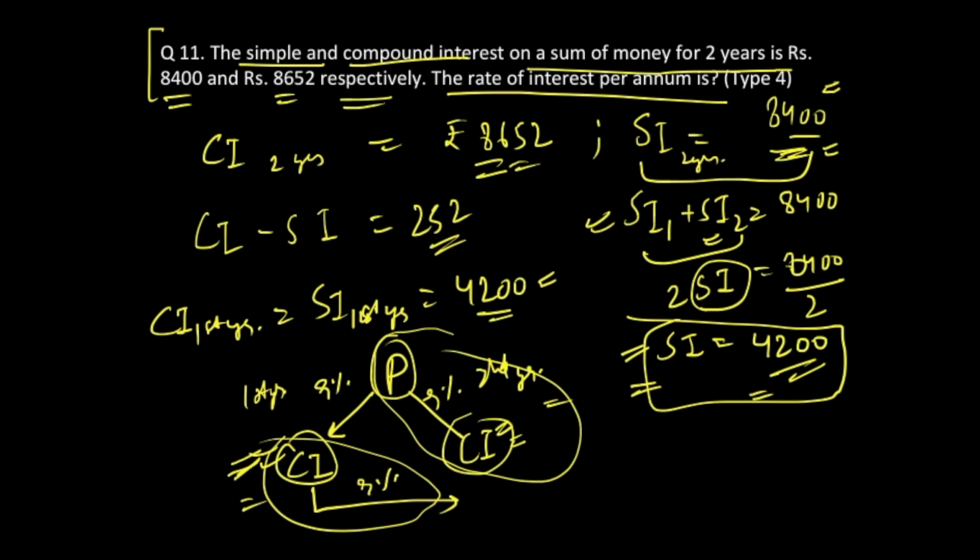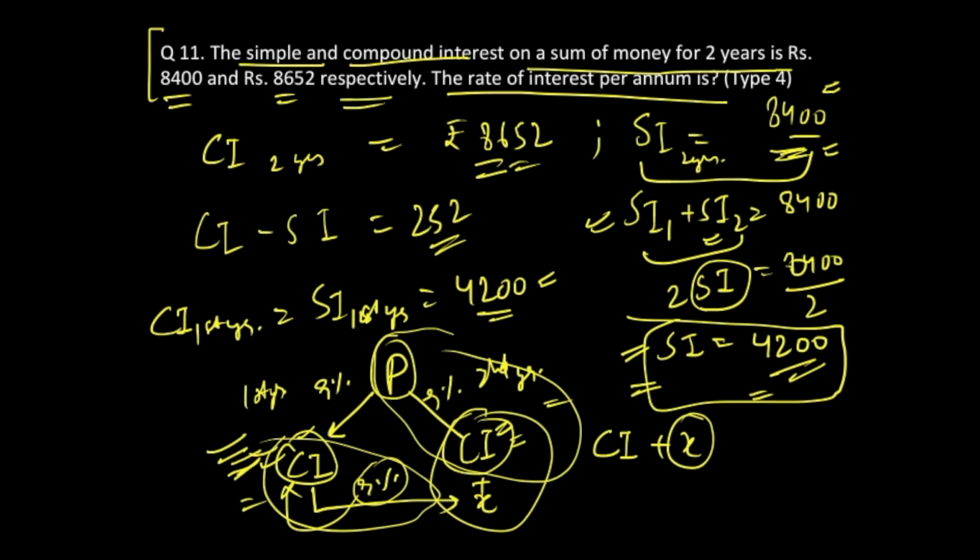So if that happens over here, this R% is taking place on this CI as well, and this gives you a certain X, right? So for the second year's compound interest, what you are generating is the initial compound interest plus this X amount, which is nothing but the rate of interest taking place on the interest generated in the first year.